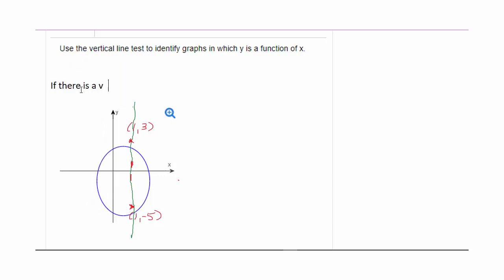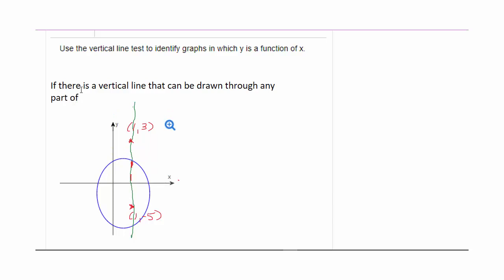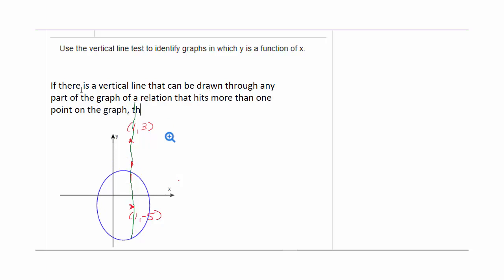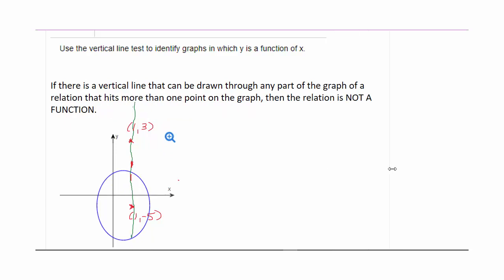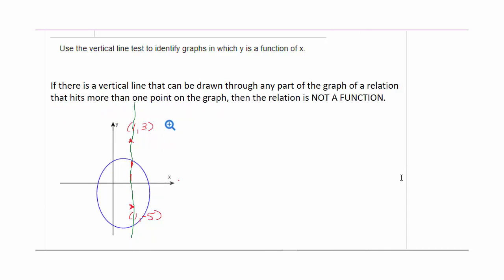If there is a vertical line that can be drawn through any part of the graph of a relation that hits more than one point on the graph, then the relation is not a function. In this case, we definitely do not have a function because it hits more than one point.